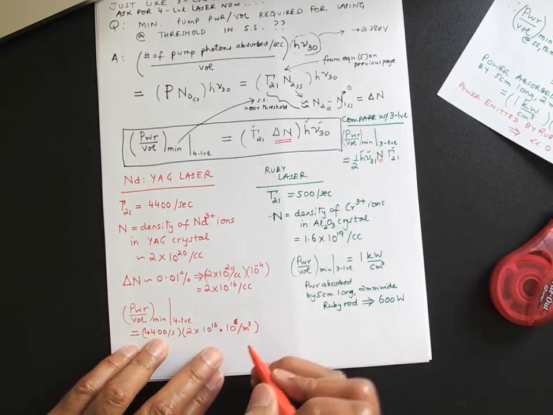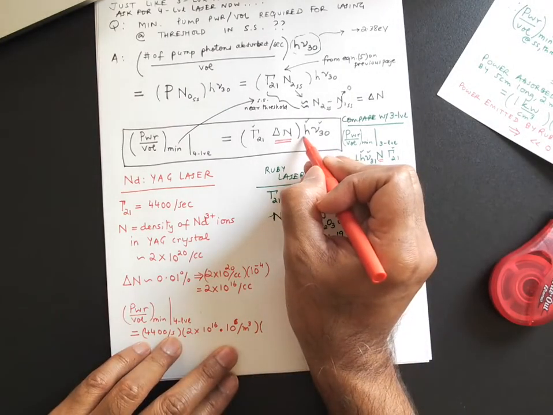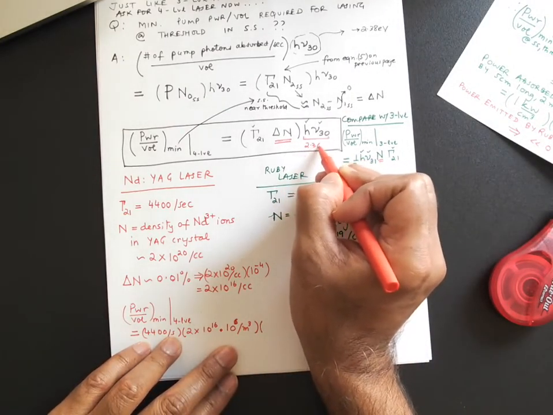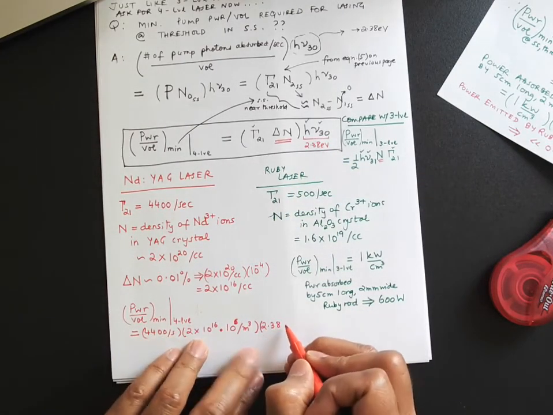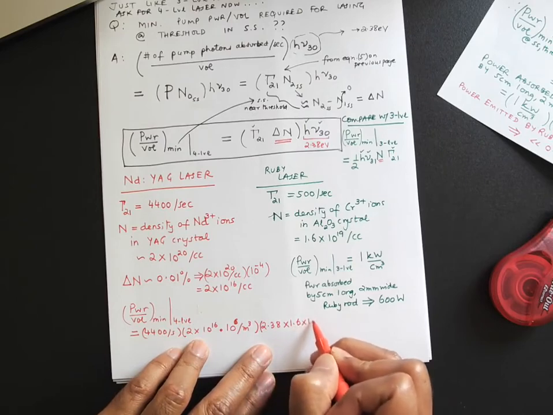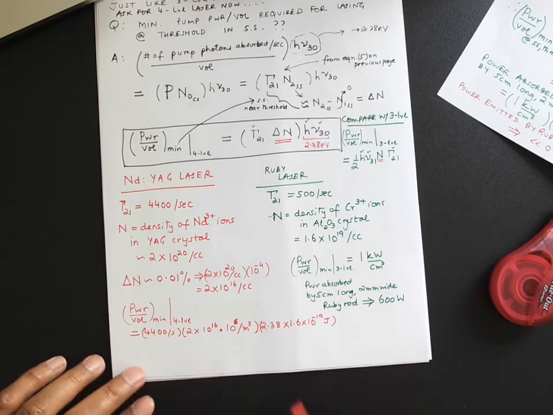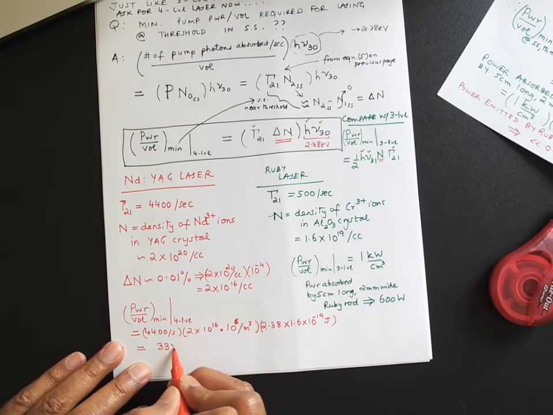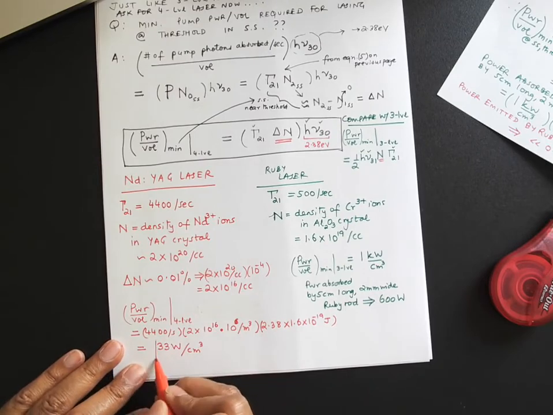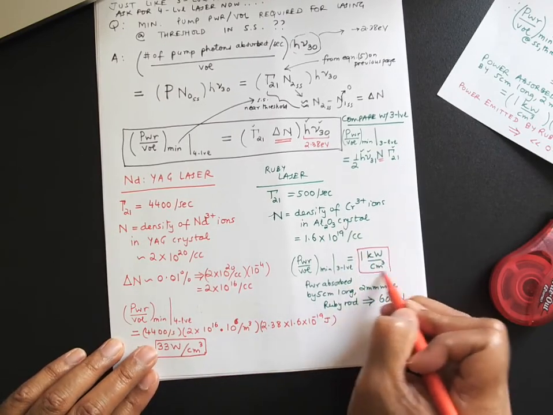Well, the h nu 30 we said is 2.38 electron volts. So that means 2.38, and 1 electron volt is 1.6 times 10 to the minus 19 joules. Okay, so that's it, and this works out to 33 watts per centimeter cube, to be compared with the 1 kilowatt per centimeter cube there.